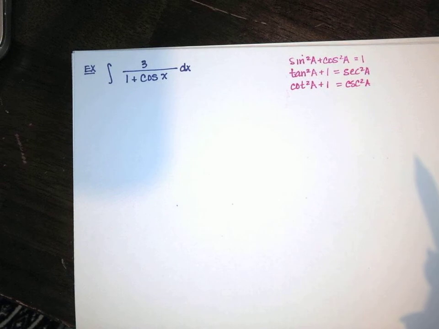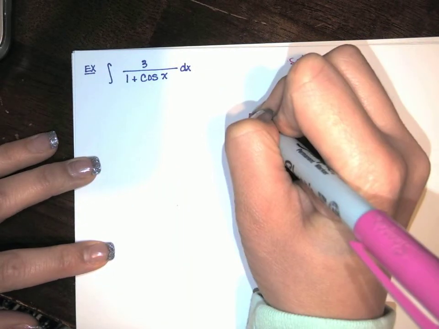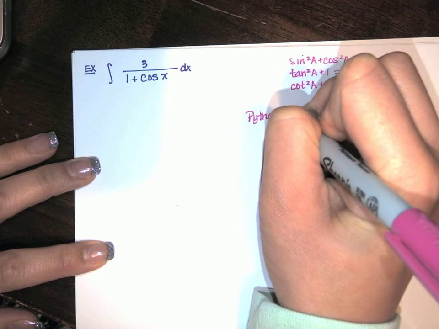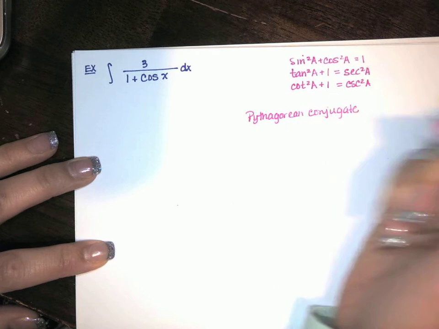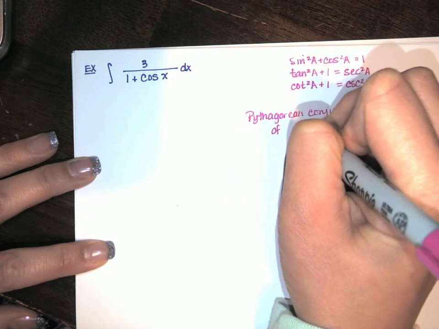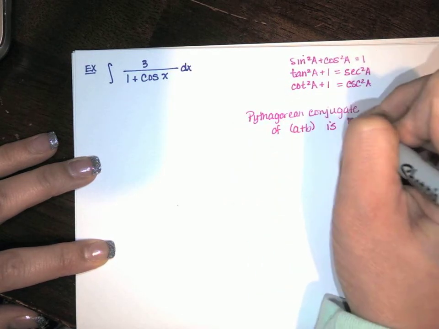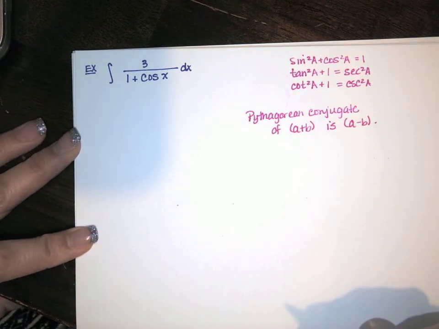Now the conjugate, when we say multiplying by the conjugate, of a plus b is a minus b, and vice versa. That's what we mean when we say conjugate.